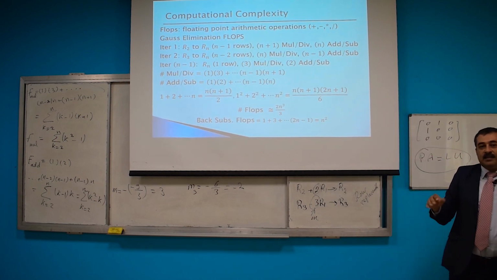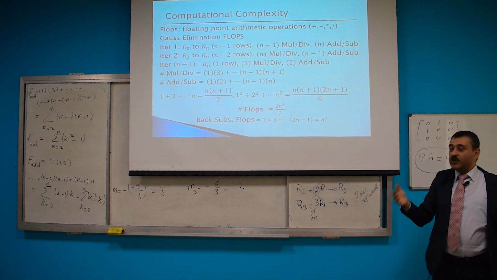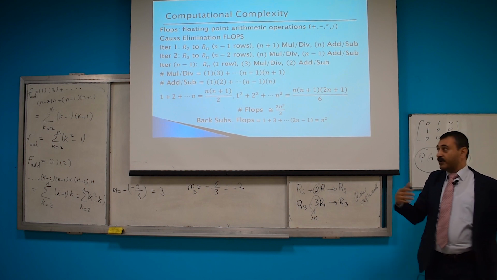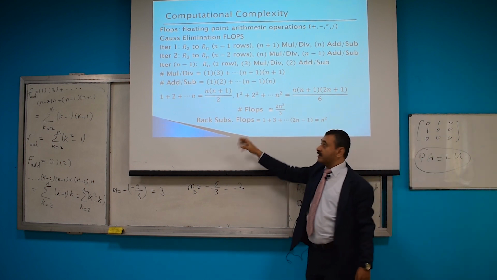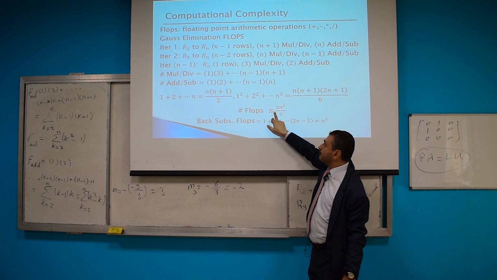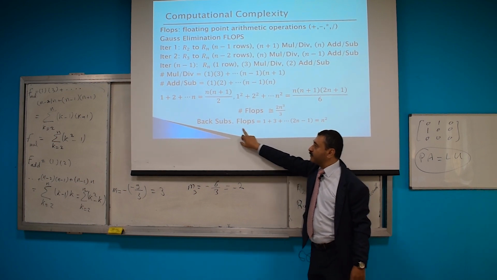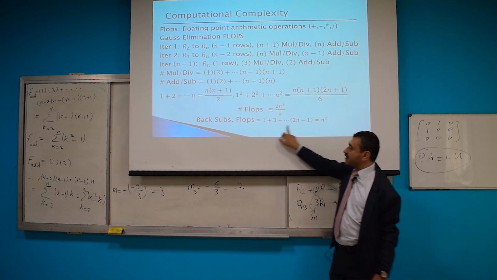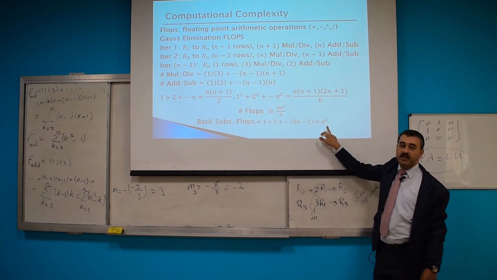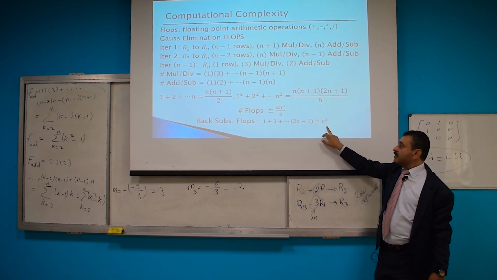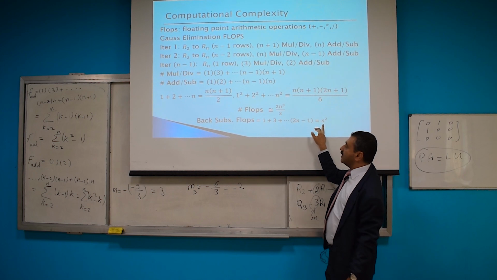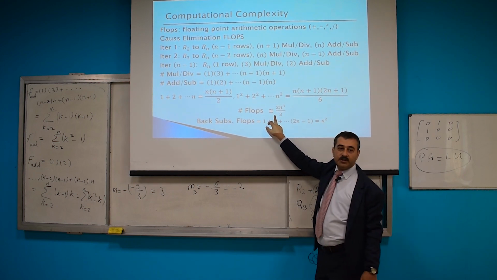If you do the same procedure to count the number of flops for the back substitution, this is for the reduction. If you count the number of flops for the back substitution, it would be this series, and its sum would be n square. So this is why we say that this guy is negligible with this guy for large n.